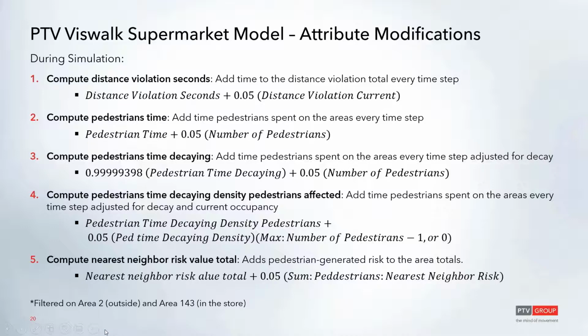And then on top of that, we took it a step further and wanted to give you an example of what happens if we have a decay rate that's based on the volume of the space, right? So we have one that's based on the current density of the pedestrians versus the size of the space. And then finally, we have one that's computing the nearest neighbor risk value.